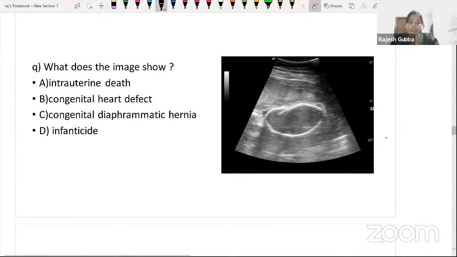What does the following image show? What is the diagnosis based on this image?